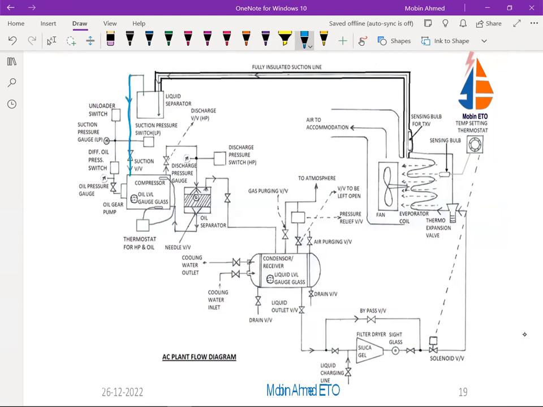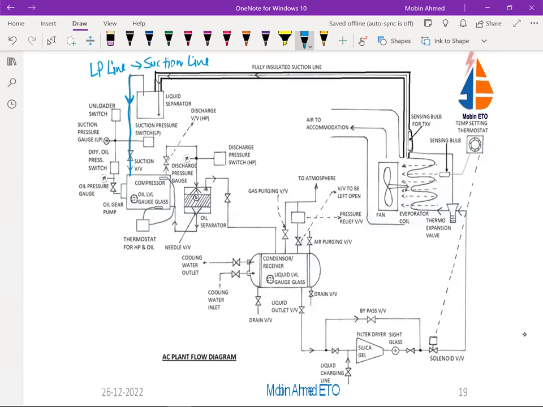This suction line is an LP line, a low pressure line. So we also call it the suction line. As I have told you, the suction line or LP line has to carry saturated vapor, meaning when it is entering the compressor, it has to be saturated vapor.